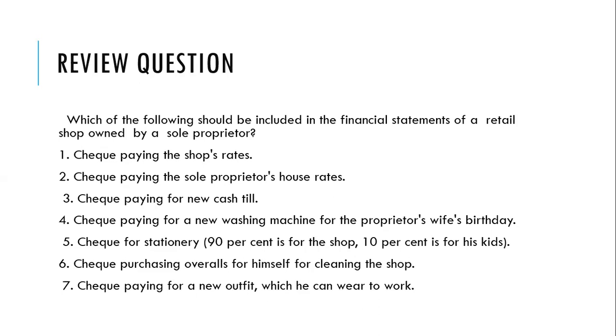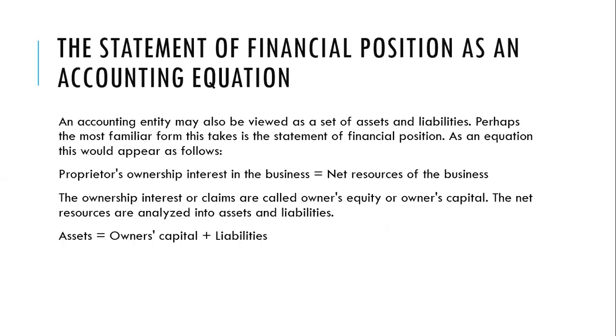Then number seven, check paying for a new outfit which he can wear to work. No, that's personal. It's your personal dress. If you can wear it to work, you can wear it to church, to mosque, to occasions. So definitely we are not recording number seven in the financials of the organization.